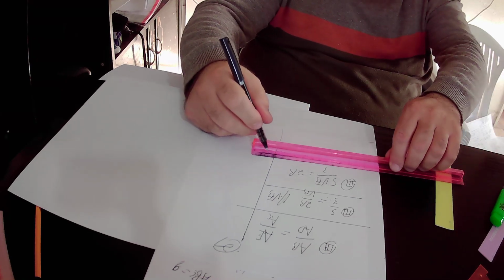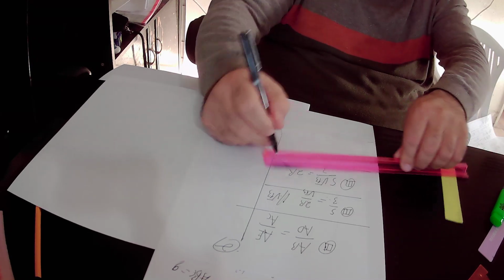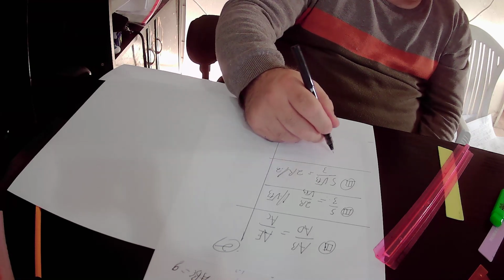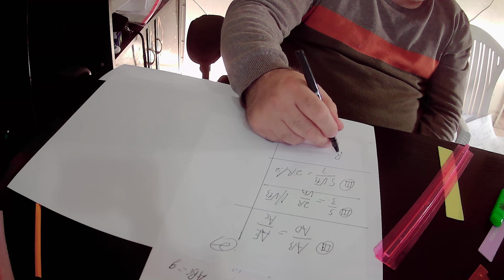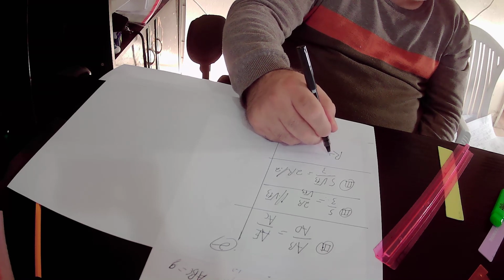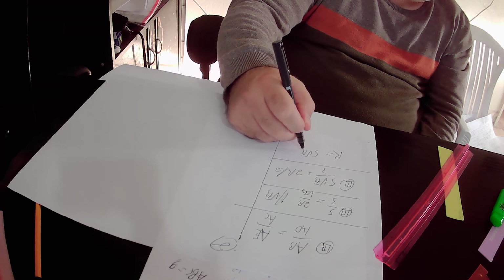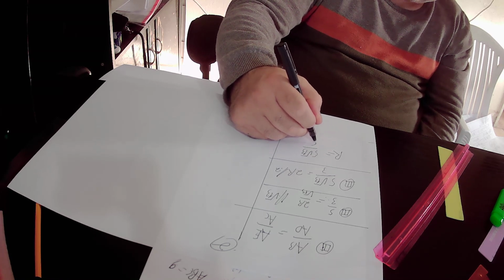Here we divide this equation by 2, and we get that the radius of the circle that we are looking for equals 5 times square root of 14 over 6 units.